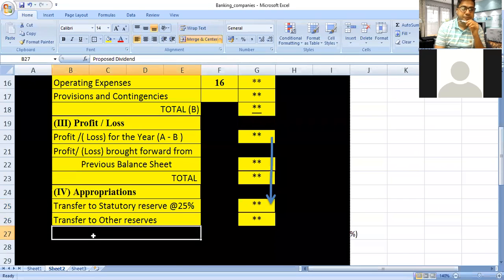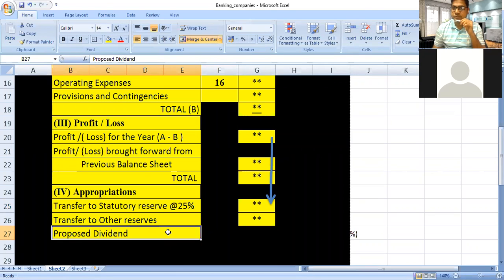Then, friends, proposed dividend. Proposed dividend means the final dividend, and it comes under appropriation. It is the current year dividend, and it is calculated on paid up capital.